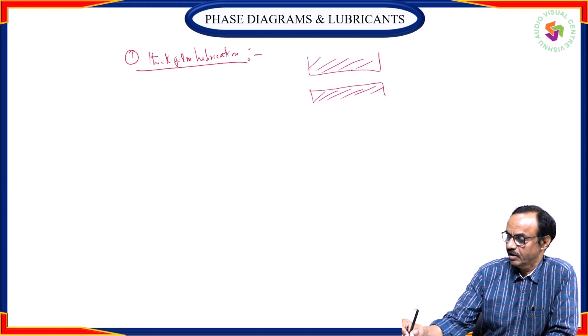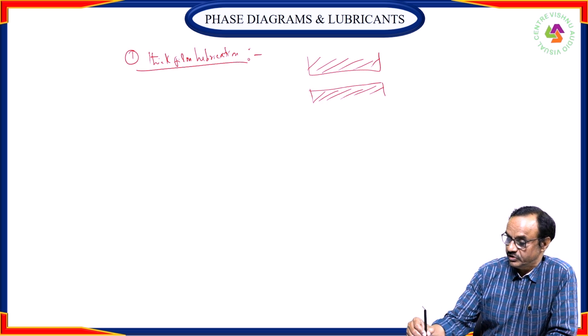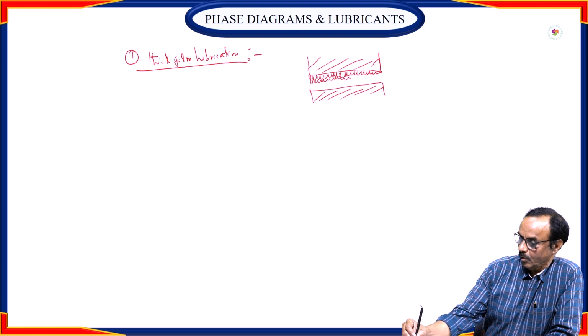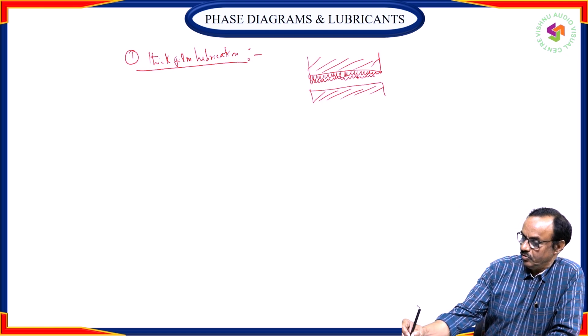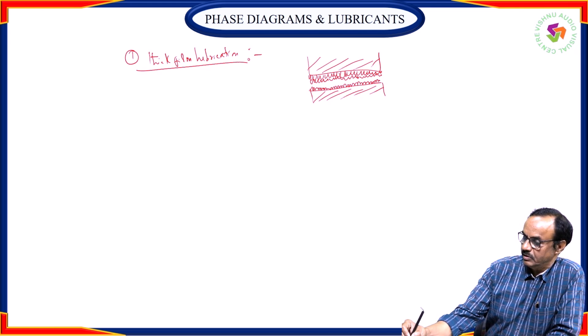So keeping the diagram in mind, you can write down points related to it. The lubricating oil introduced between moving, rotating, sliding surfaces is thicker. Its thickness is above 1000 angstroms. Of course you cannot see it with the naked eye.